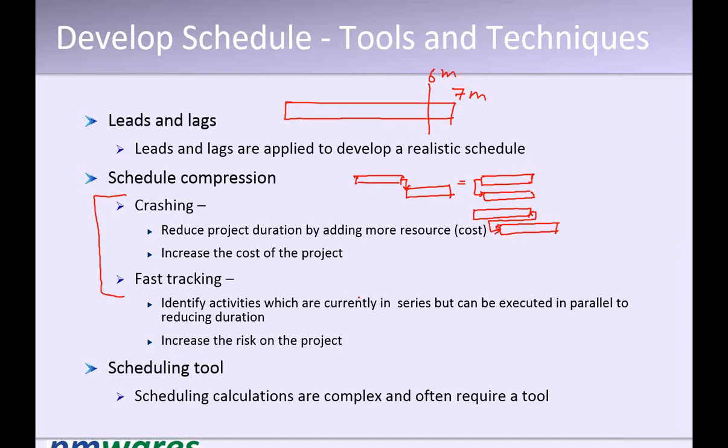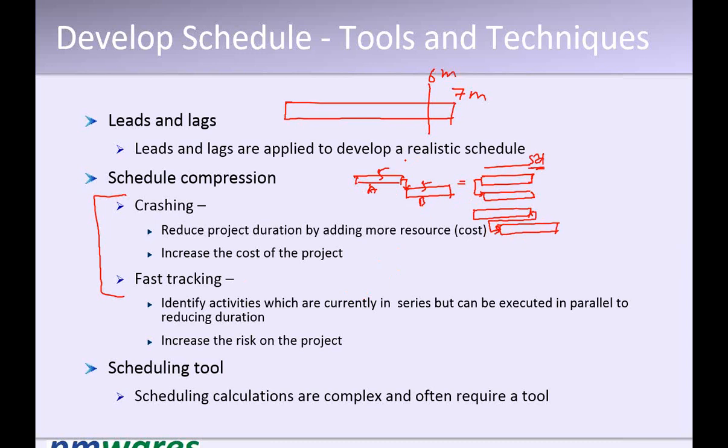This is possible, especially when the dependency is discretionary. If this is 5 days and this is 5 days, I will save 5 days here by doing A and B in parallel that were in sequence earlier.